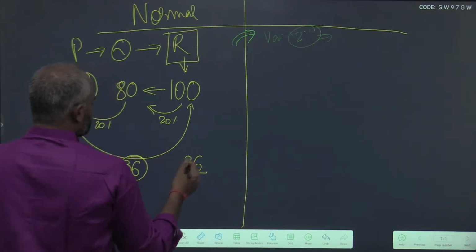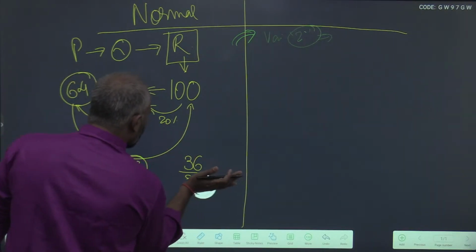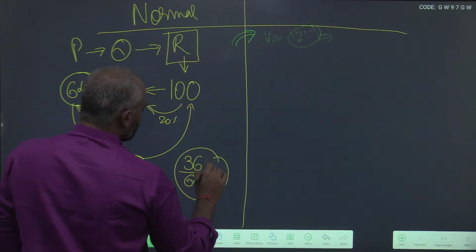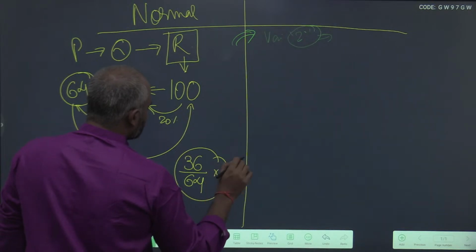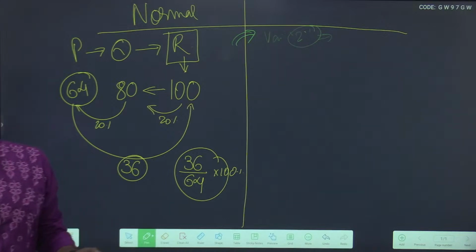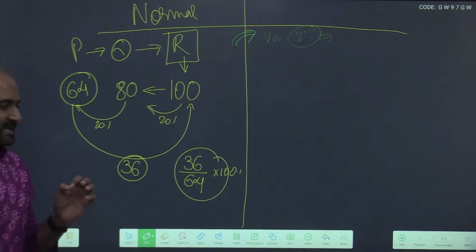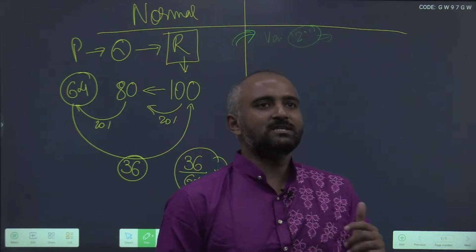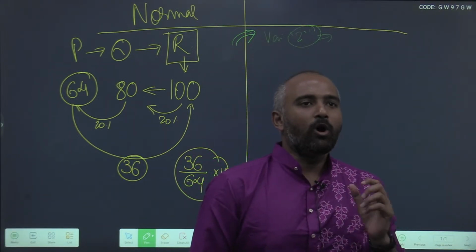So this is 36 out of 64, into 100%. You need not even go for calculation. You see the values there. UPSC will definitely try to help you. If you do the concept well, UPSC will want you to write the answer there.